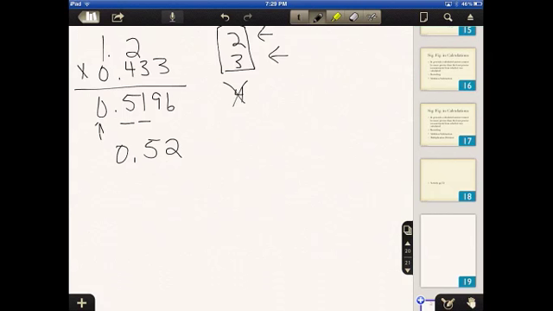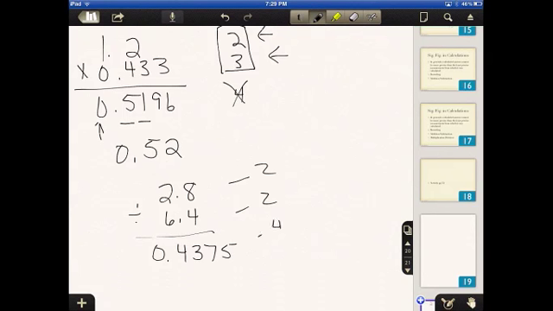Same thing true for division. If I go 2.8 divided by 6.4, 2.8 divided by 6.4, and I get 0.4375. Once again, 2. Answer's got 4. Can't do that.